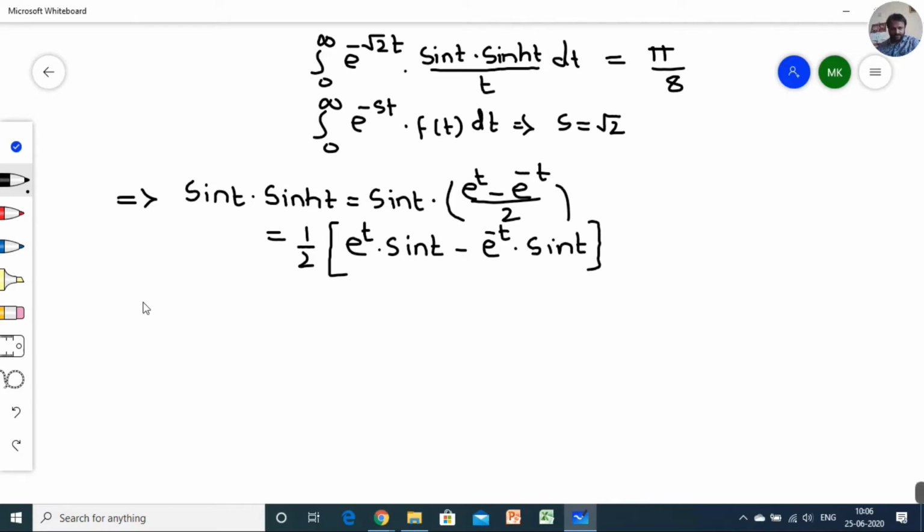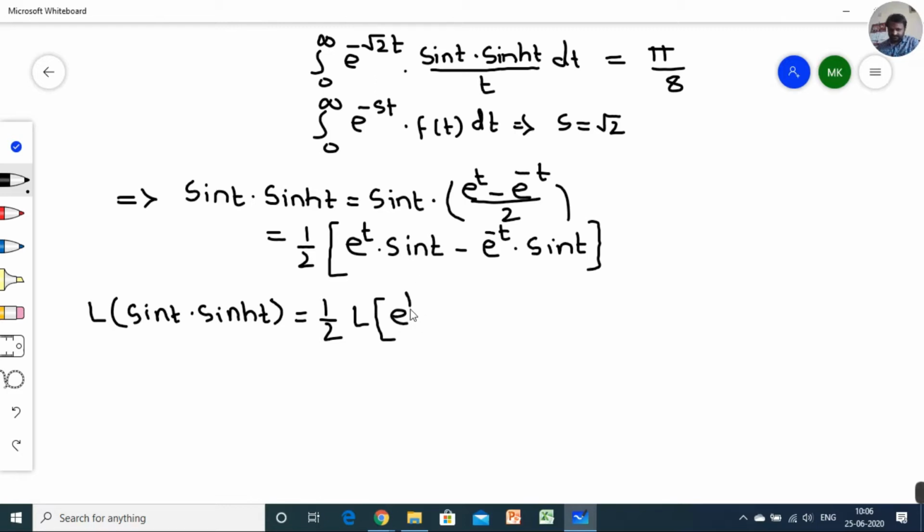Now I'm going to calculate the Laplace transform. So Laplace of sine of t into sine hyperbolic of t is equal to 1 by 2 Laplace of, I'm taking it in two steps. First I am going to calculate the Laplace of sin t directly.